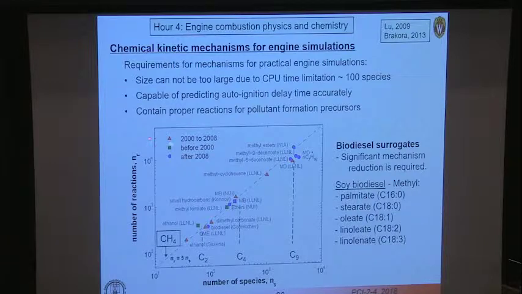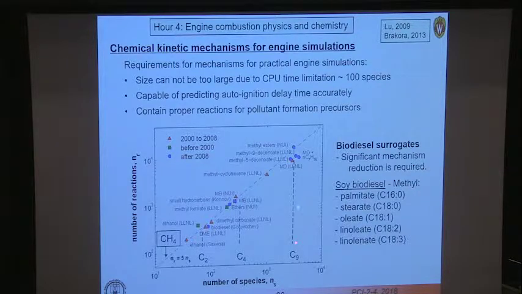So if you look here, this is a plot from Professor Law's group some time ago that shows number of reactions versus number of species. They found that if you look at the mechanisms in the literature, you typically have 5 times as many reactions as you have species. Our little methane reaction is down here. But if people are looking now at fuels with way more species than I'm showing over here, there's a real problem.